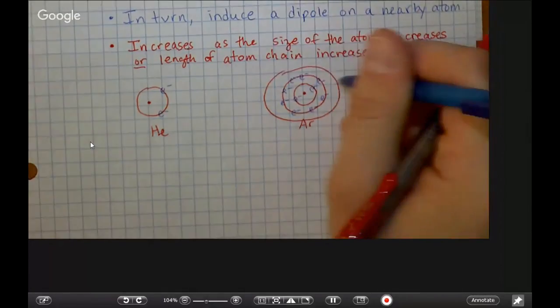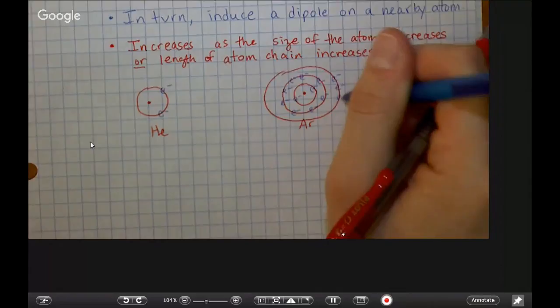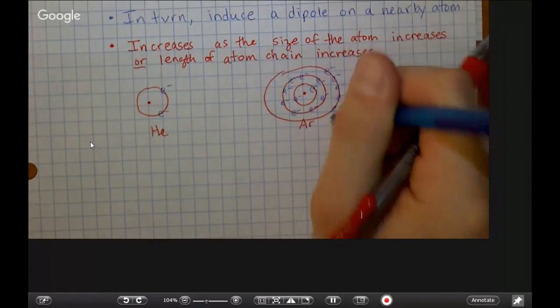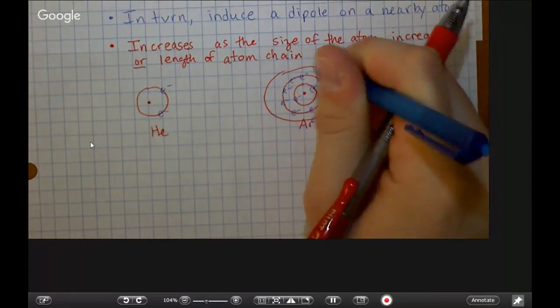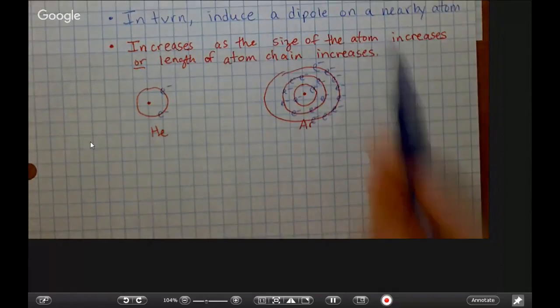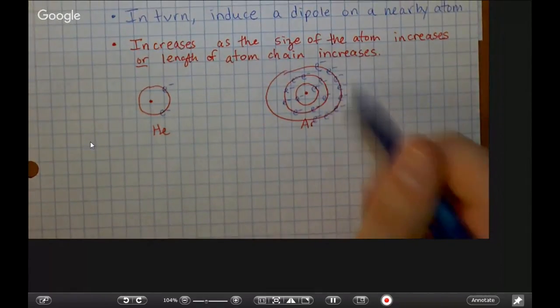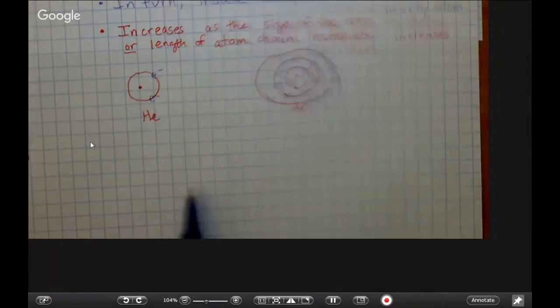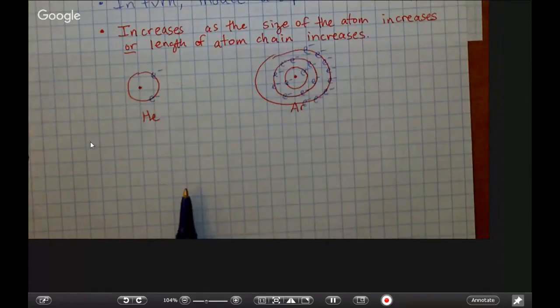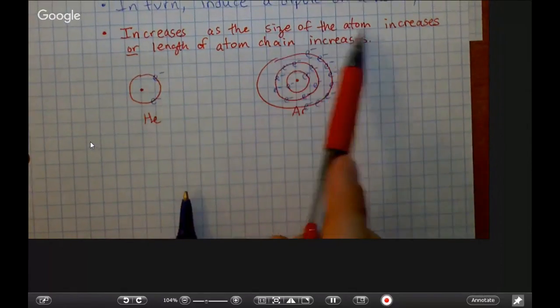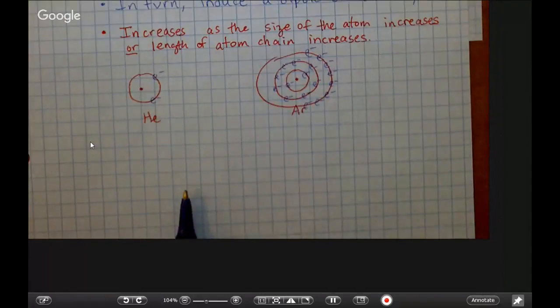Argon, you might end up with all these outer electrons here, they're all on one side. So the fact that the atom gets bigger, you can have more of an effect or pronunciation of that dipole than in a smaller atom. So we're just saying as the size of the atom gets bigger, the strength of that specific attraction gets bigger.